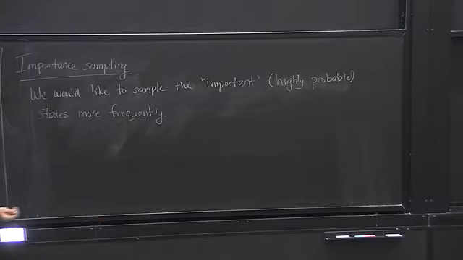The idea of importance sampling is that we want to have a way of randomly selecting the more highly probable states the most often. So at very low temperature in our XY model, this means we more often want to choose states where all the spins are aligned or almost aligned.